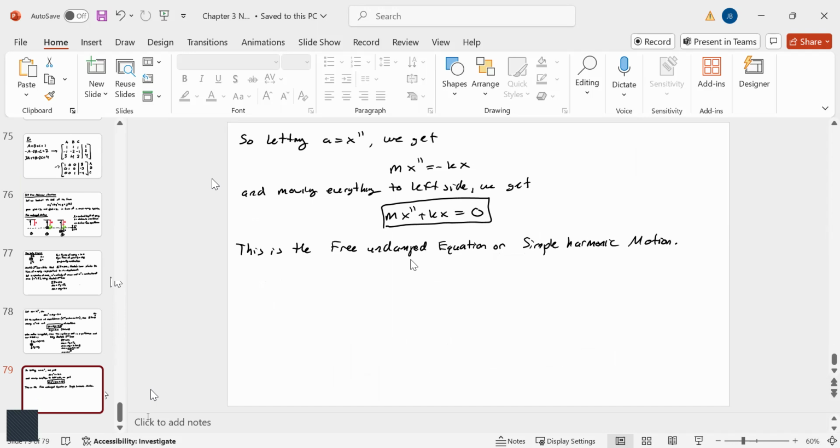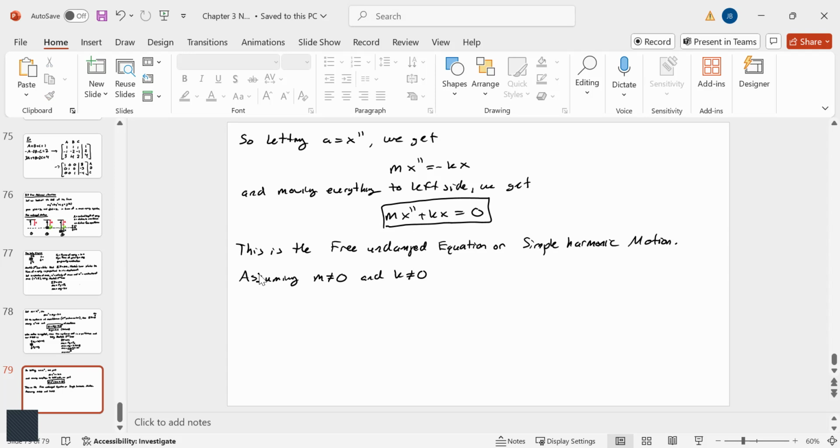So now we're going to solve this equation so that we can get a solution. Assuming m cannot be equal to 0. If m is 0, that means you have 0 mass, which doesn't make sense because if you have 0 mass, then it can't move the spring. So it's a very logical assumption to say that m does not equal 0, right? And k does not equal 0.